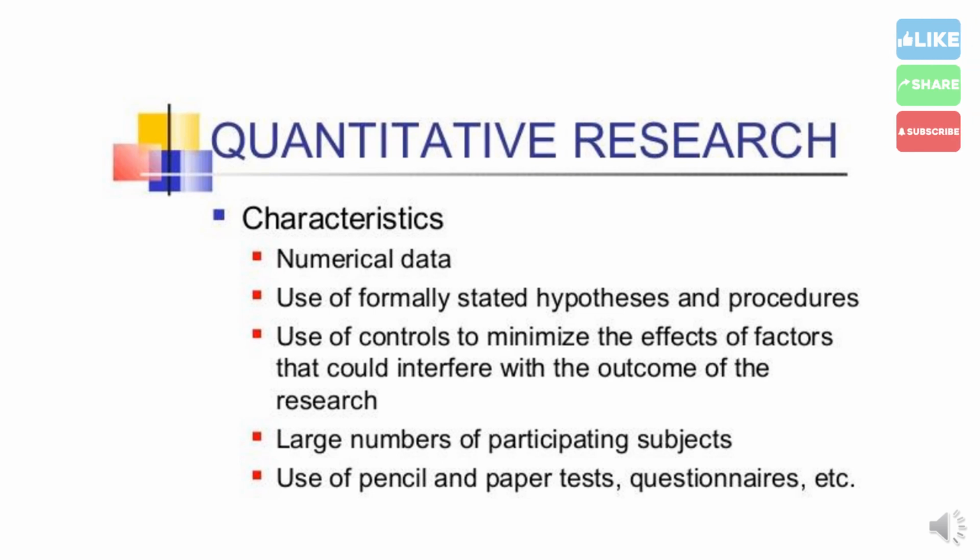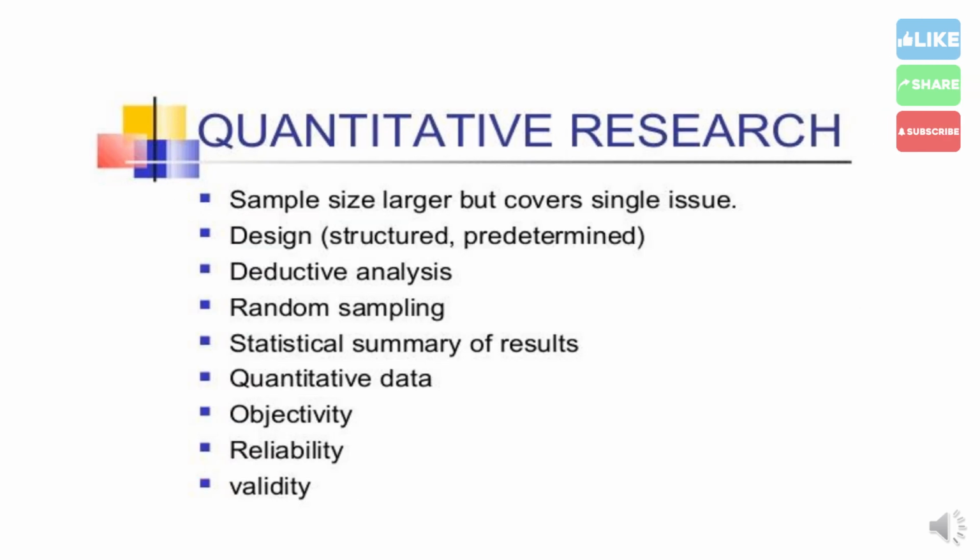There is a large number of participating subjects, use of pencil and paper tests, questionnaires, etc. It needs a larger sample size but covers a single issue, and the design and structure are predetermined. It has deductive analysis, random sampling, statistical summary of results, quantitative data, and objectivity, reliability, as well as validity.